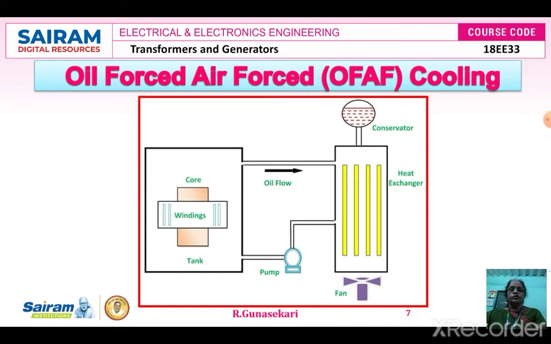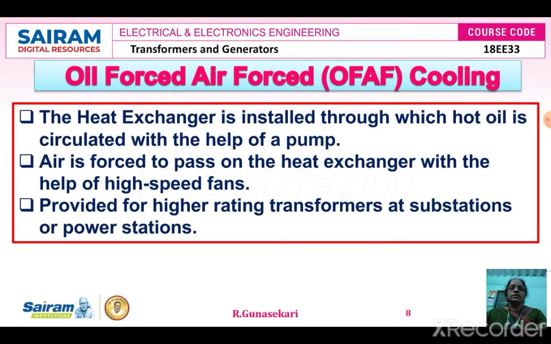Pumps are used, and fans are also used. Inside the transformer tank, the core and windings are placed. Now you see the key points. Here the forced air is passed on the heat exchanger with the help of a high speed fan, which is shown in the figure also.